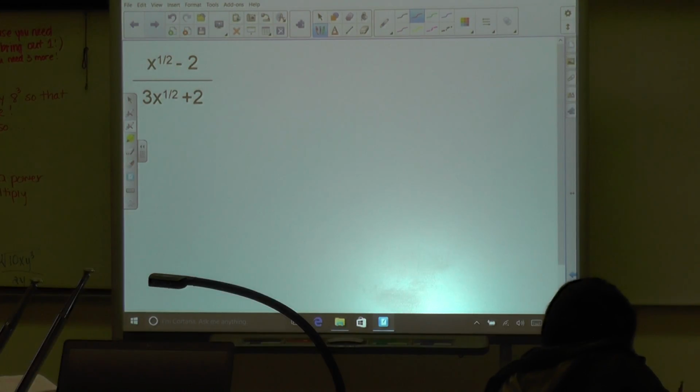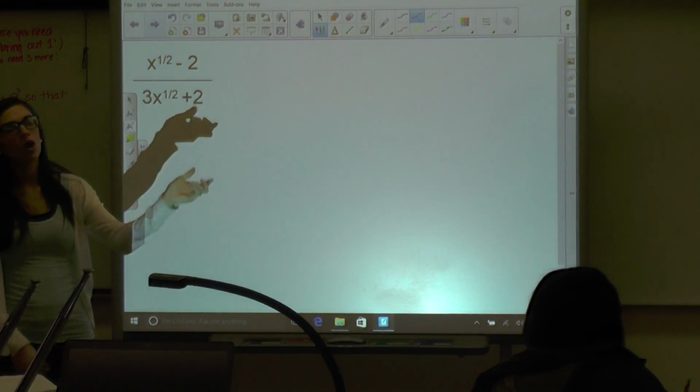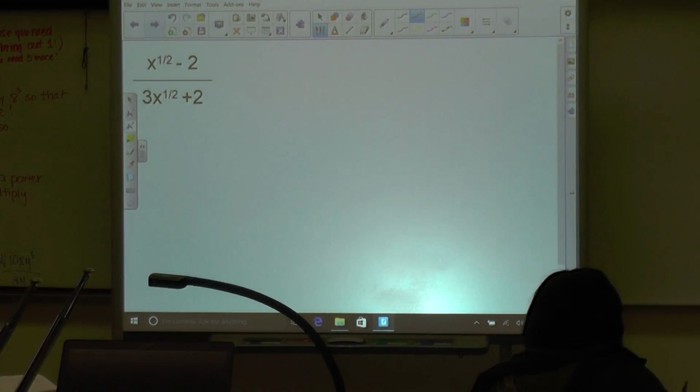Okay, so whenever you have something like this on the bottom, we call that conjugates. We're going to multiply it by our conjugate. Conjugate. C-O-N-J-U-G-A-T-E. Correct. So what does that mean?